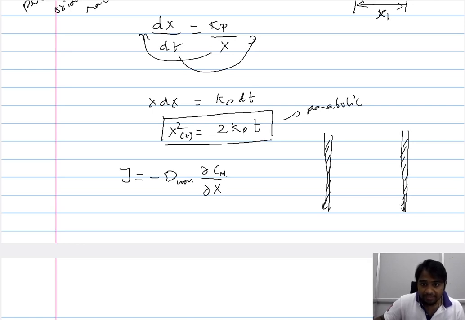So in the internal interface, supposing you would have a definite concentration of the metal ion. So this is internal, and the same concentration cannot be expected at the external surface, wherein the metal ion is in contact with the oxygen. So in that external interface, the concentration of the metal ion is significantly lower. So there is a gradient here that acts as the driving force for the diffusion of the metal ion.